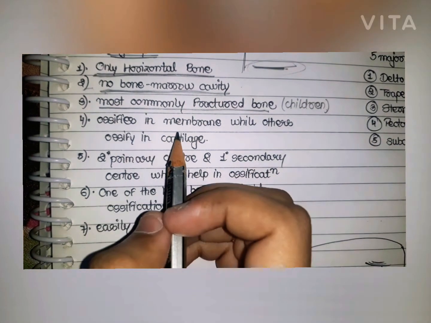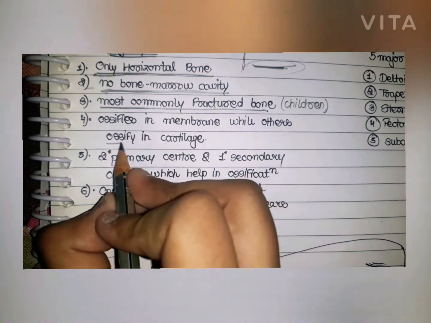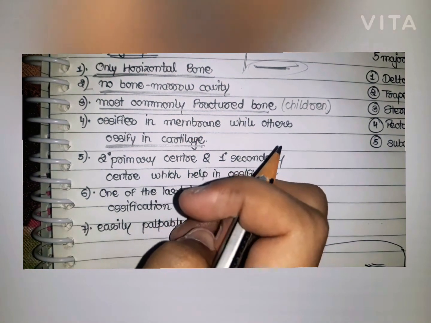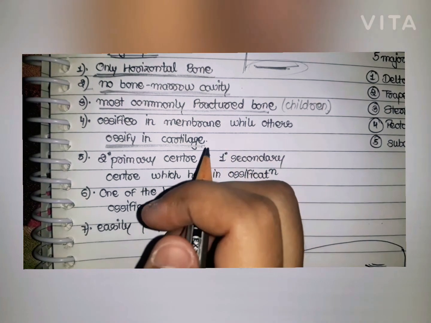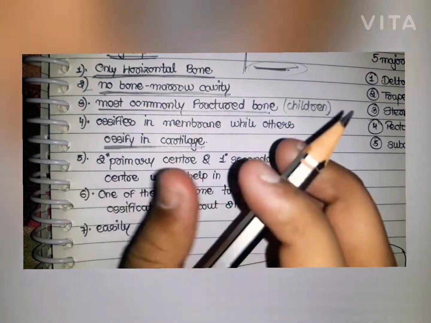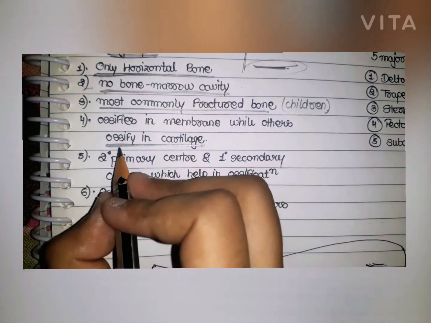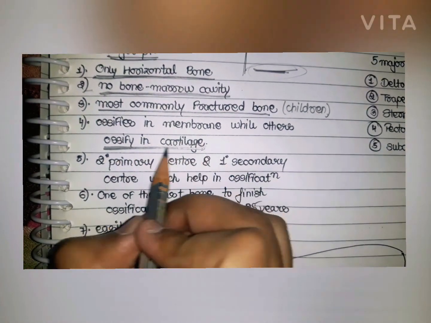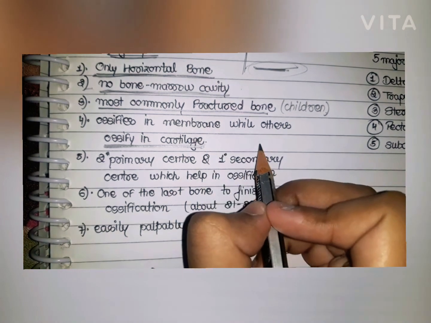So all the bones in our whole body ossify in the cartilage form. This point you will not get here, you will clear it in the later section, but it's important here, so just learn this point. In our whole body, all the bones ossify in the cartilage form, I mean cartilage to bone.